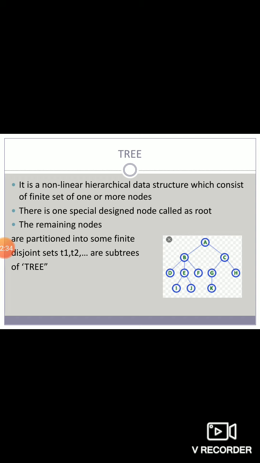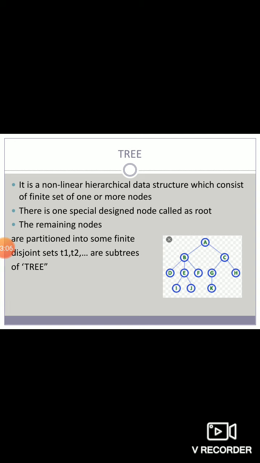So here A is the root of this tree and B, D, F, G, H and all other nodes are subtrees of the tree. For this figure, the total number of nodes is 11, and each item of my data is a single letter.